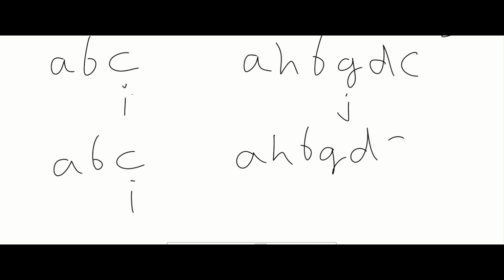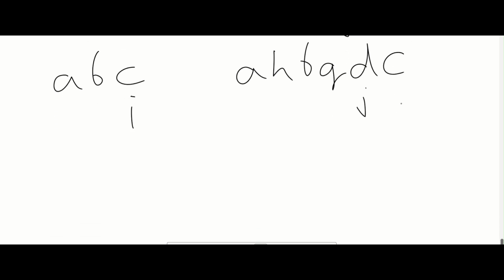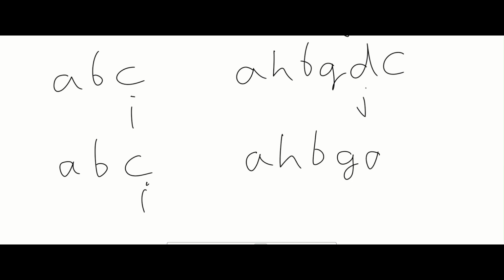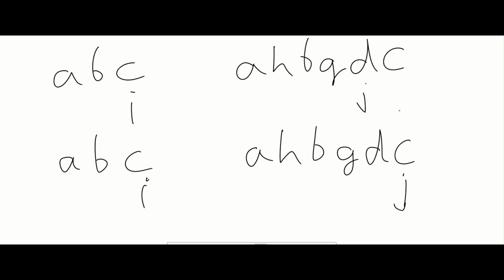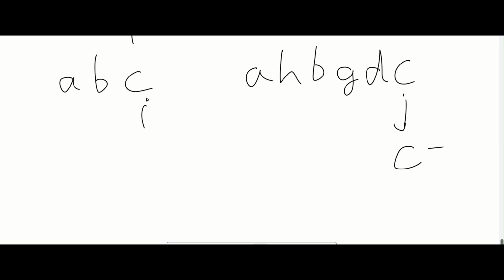J comes to B, but still hasn't found C. So we go on, and then we have found C. So the counter is 3.